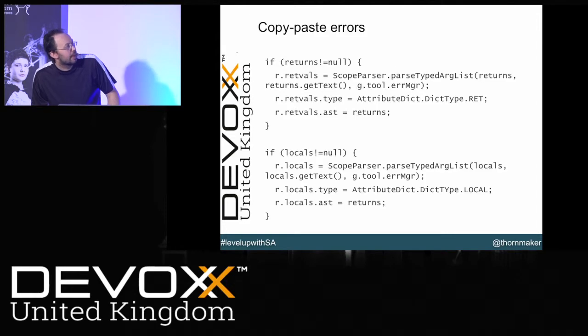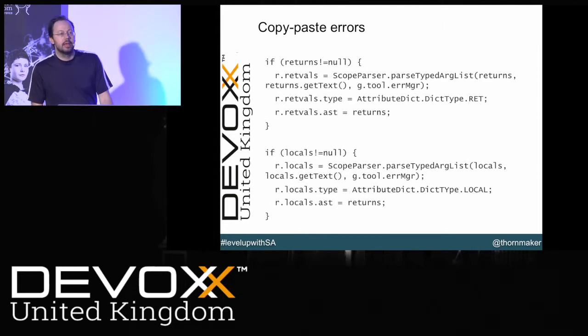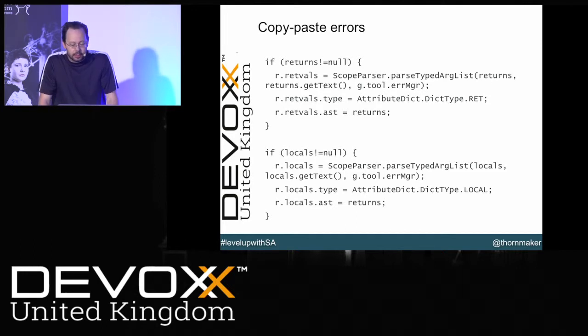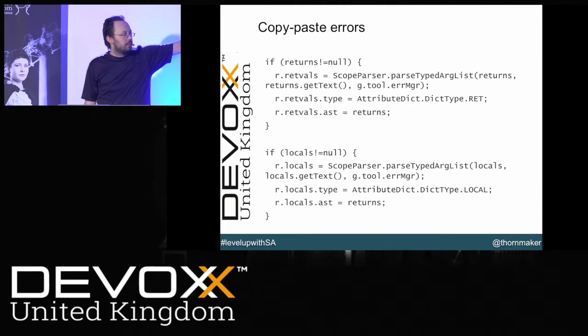Okay, so another class of errors that I think is really neat, worth talking about, are copy-paste errors. And that's because there's actually not a lot of tools that look for these. But it's really neat that they can even be found using static analysis techniques. So I have here a common example of how this occurs. If a developer has some code here, they want to reuse that code later.